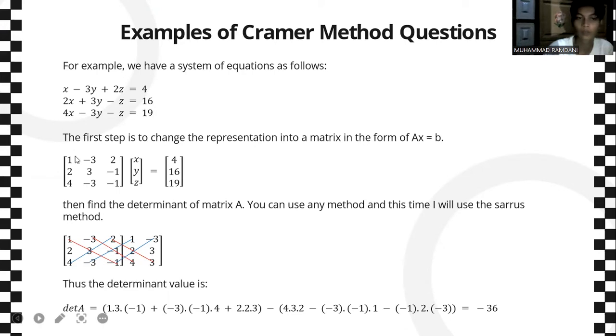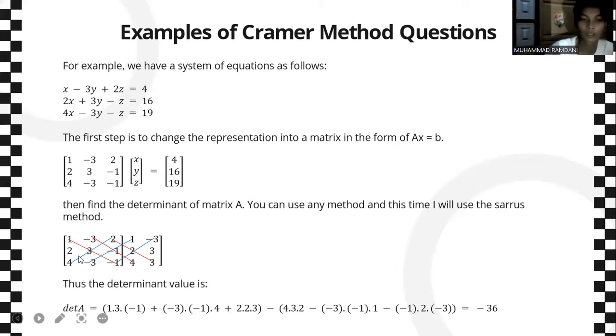So the first step is to change the form here. This is the normal form of the equation, and we can change it into the matrix form, because this Cramer method is only for matrix form.